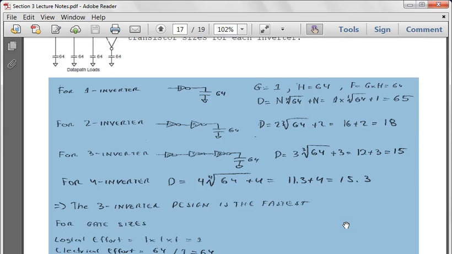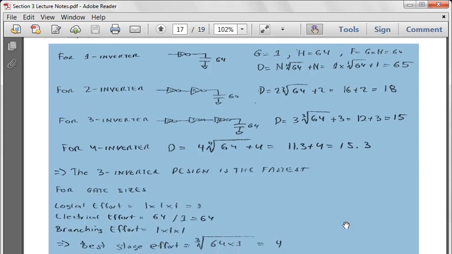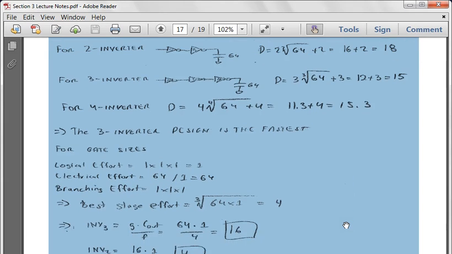So, for gate sizes, we're going to calculate our logical effort. 1 times 1 times 1 is 1. Electrical effort becomes 64 over 1, just like before. Our branching effort becomes 1 times 1 times 1, because each inverter is just driving 1 inverter, so there's no fan out between these ones.